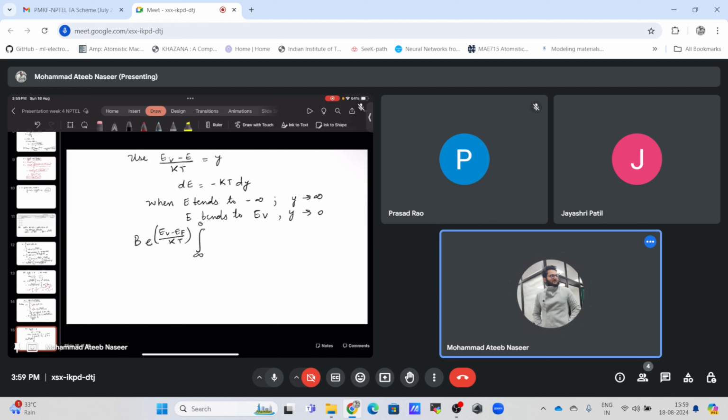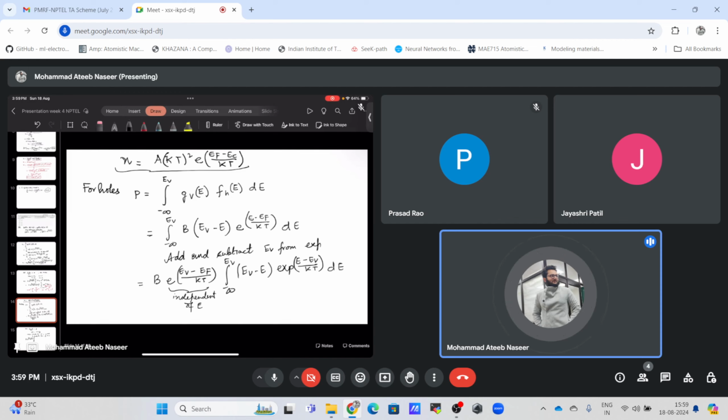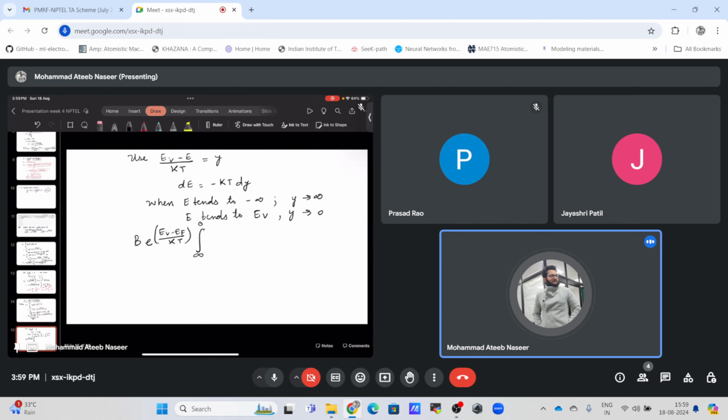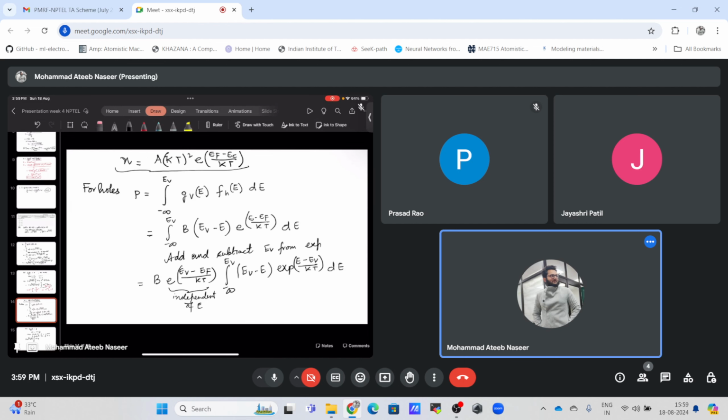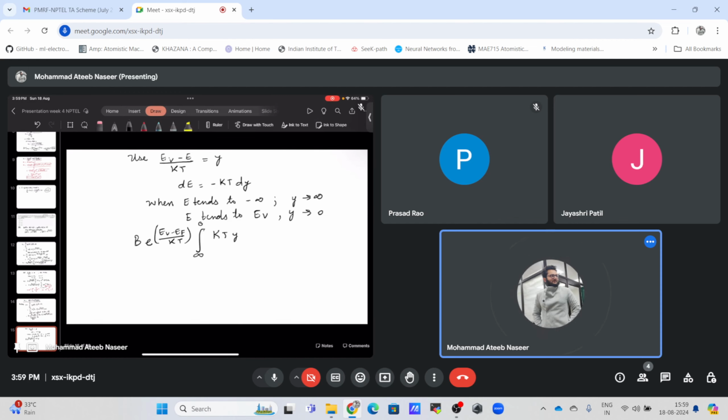This EV minus E is KT times Y, and E minus EV by KT is simply minus Y. So it is now exponential of minus Y times minus KT dy. Now making the limits same as the previous problem, it would be b times KT squared exponential of EV minus EF by KT.